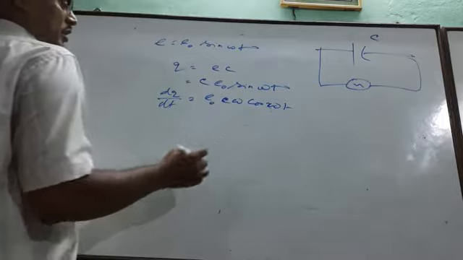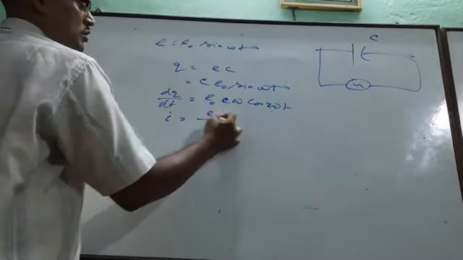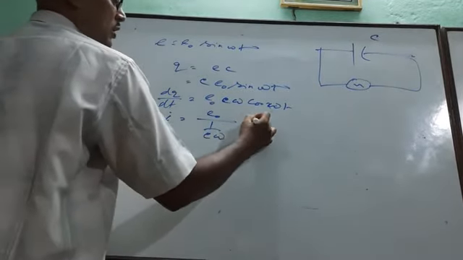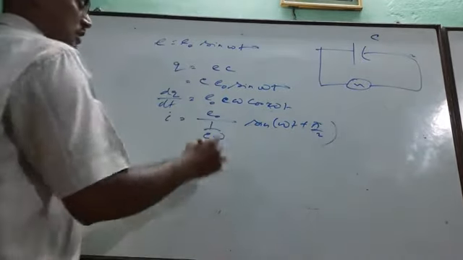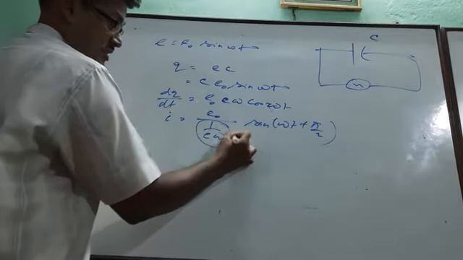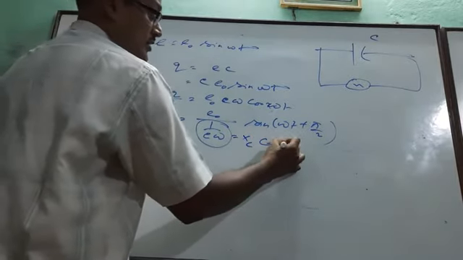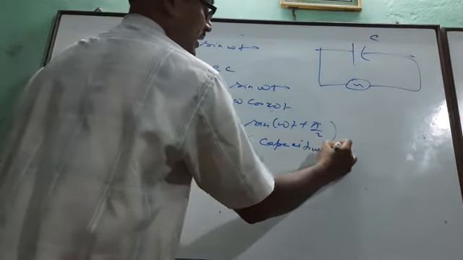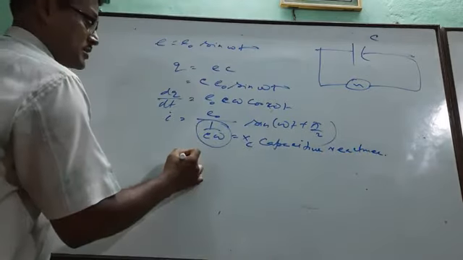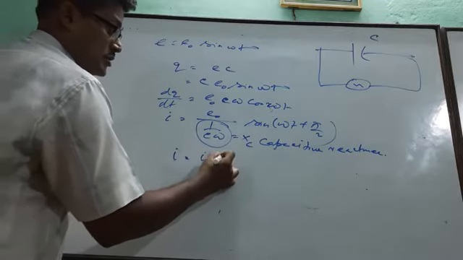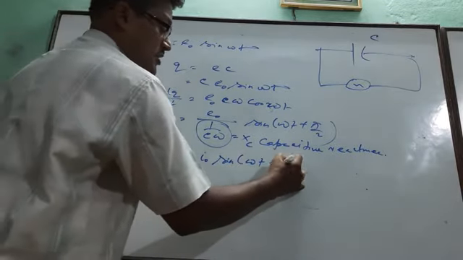This is I equal to E0 by (1 by C omega) times sin of omega t plus pi by 2. This term is known as XC, the capacitive reactance.